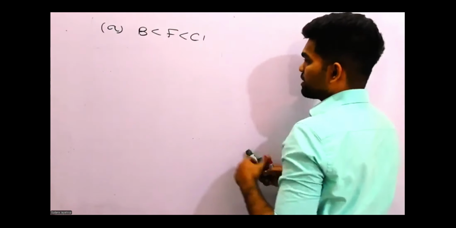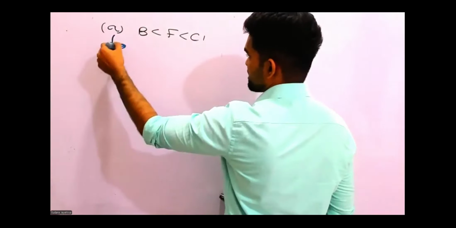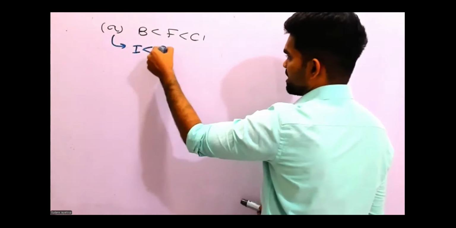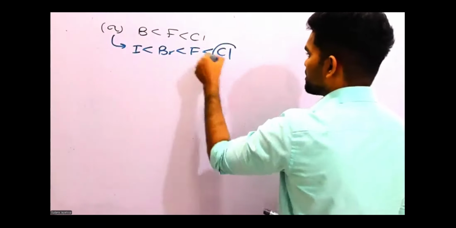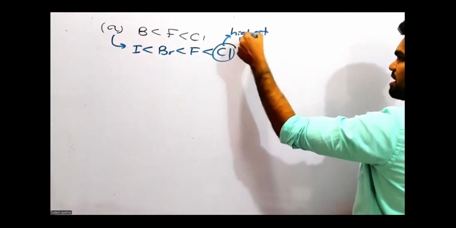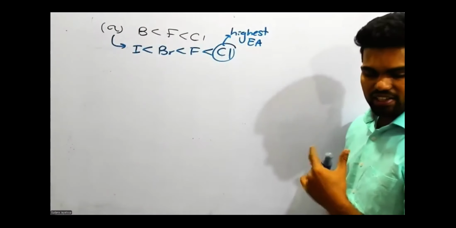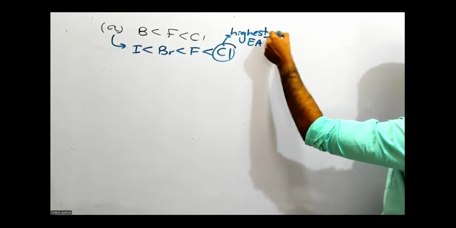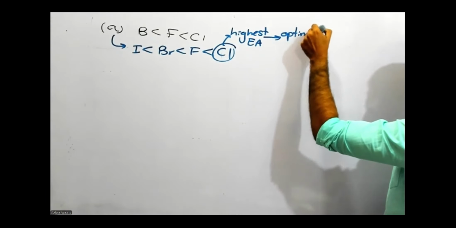So electron affinity of group 17 halogens is changing in this way. Iodine is the lowest, then bromine, then fluorine, and the highest electron affinity is for chlorine. So this one has the highest electron affinity. That means it is the element most likely to take the electron. The reason is that it has the optimum size.